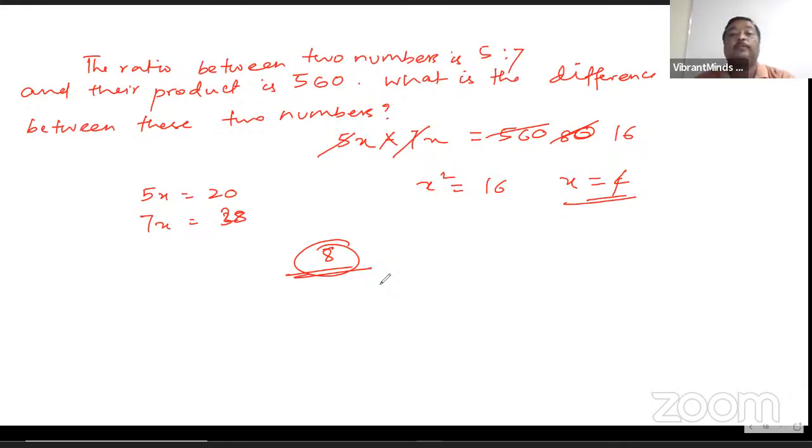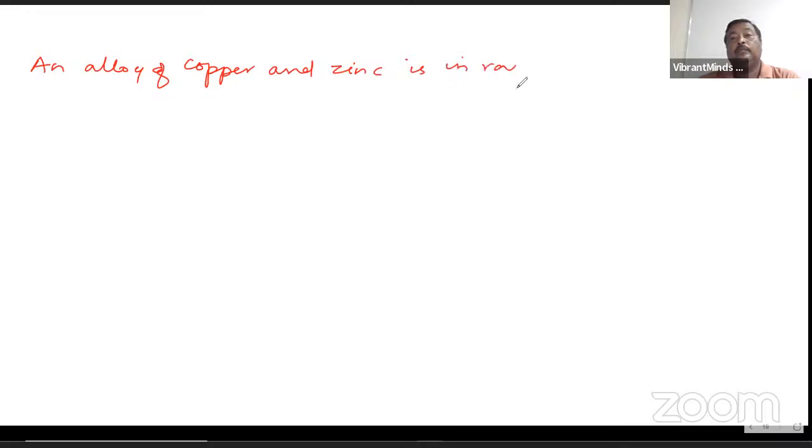Go ahead with the next question. So the next question is, an alloy of copper and zinc is in ratio 9:4.